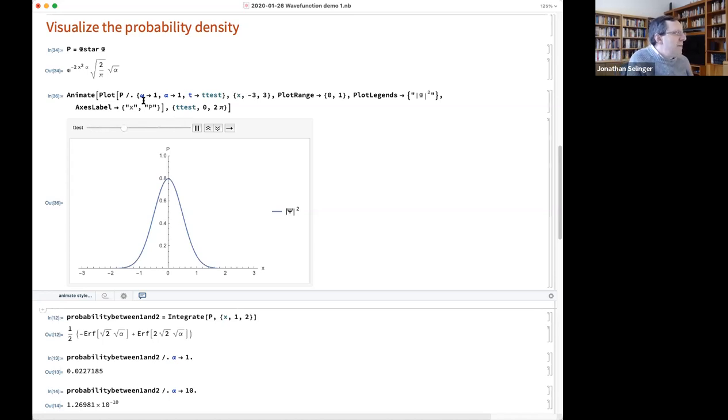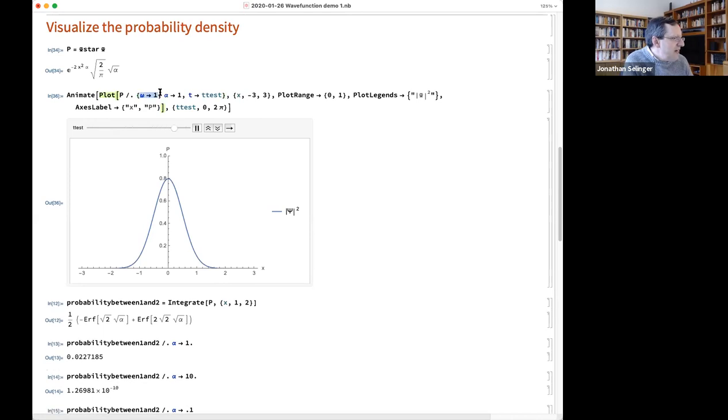I should say, by the way, in this movie, the boring movie, I have to put in numbers, right? And in order to have a numerical thing to plot, I'm just making a sample movie with specific values of all the things, omega and alpha. Okay. We could also say, what happens if I change the alpha? Like what happens if that alpha parameter, the thing in front of X, is 10 instead of 1?